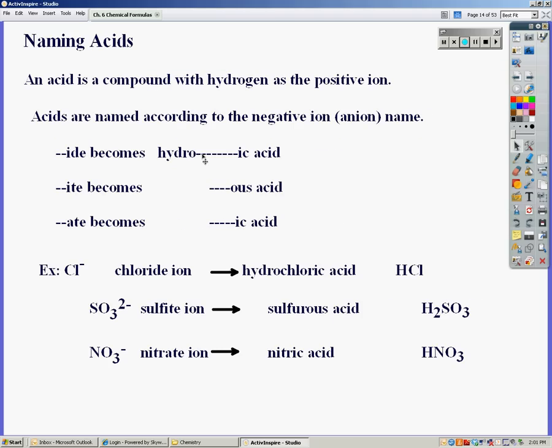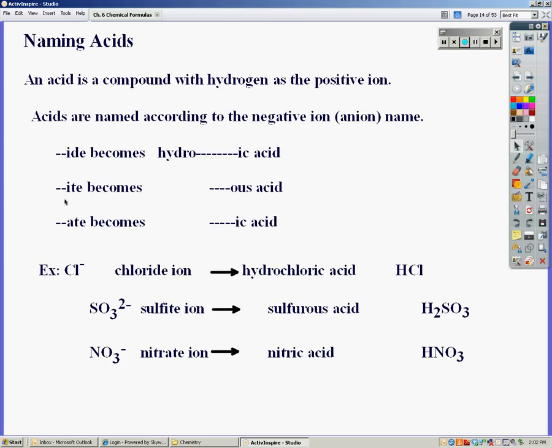Alright, so here are the rules when we name acids. The name goes by what comes after the H, because they all have H first. So if the anion, the negative part, because hydrogen would be the positive part, ends in "ide", you put hydro in front, and you change "ide" to "ic", and then you add the word acid.